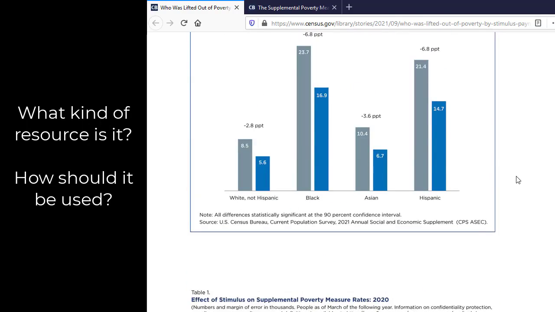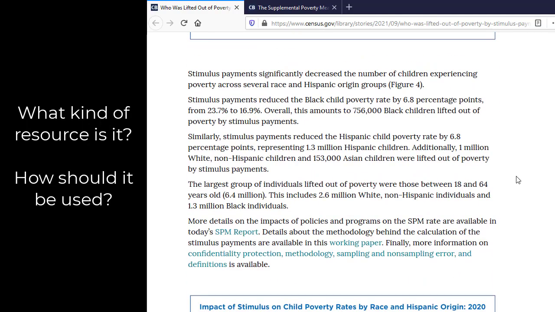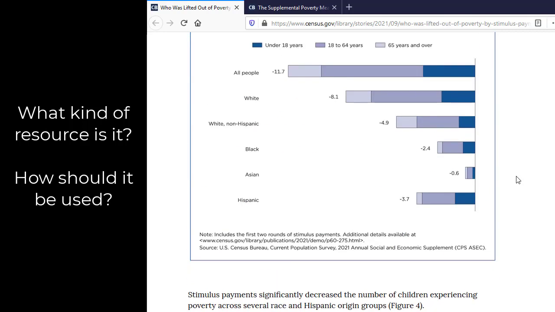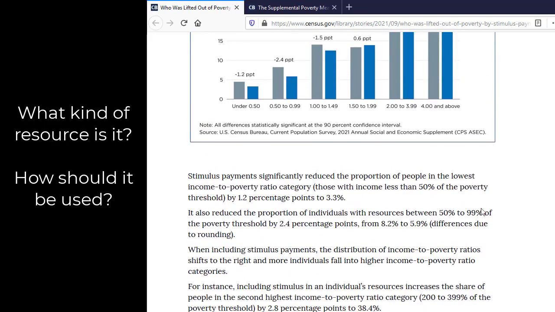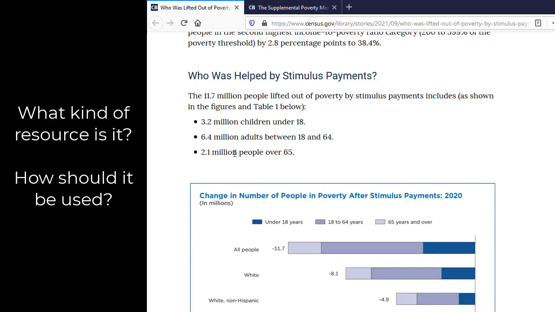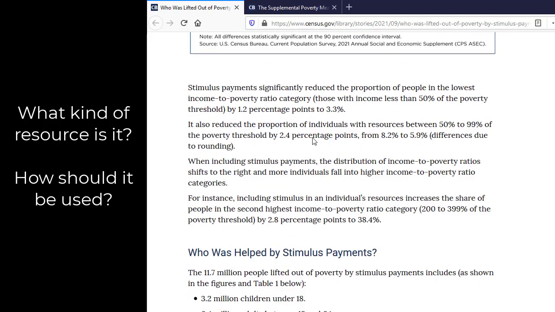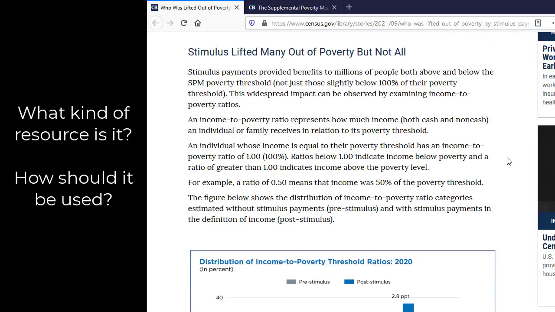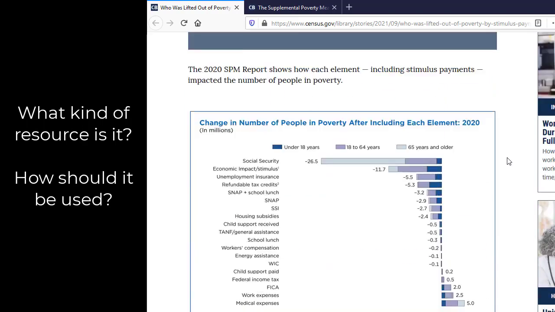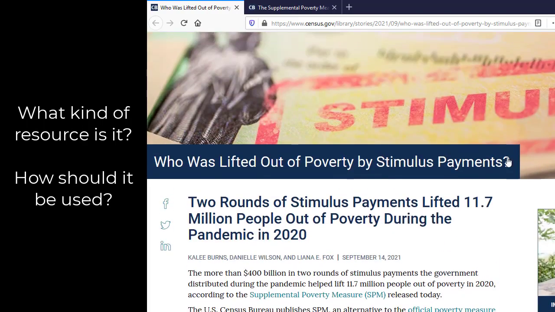So the emphasis of this information is data, is numbers, being represented visually, in bullet points, and in paragraphs that include citations of numbers. So I know that this is pretty much a hard data kind of resource.